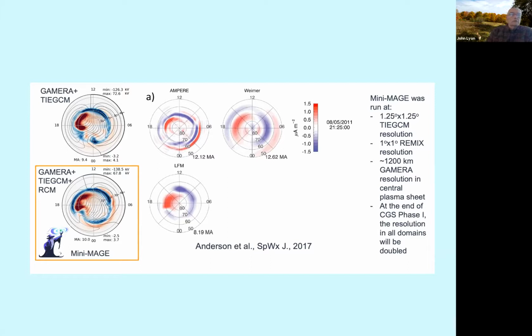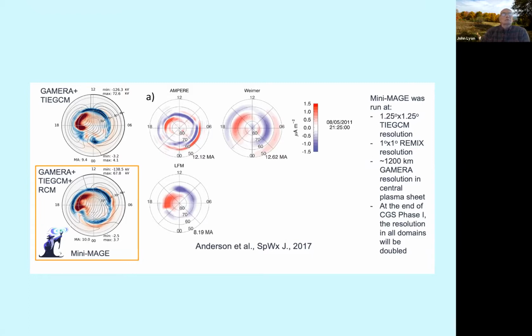This particular interval was studied by AMPERE, and you can see, next to the A, the AMPERE field-aligned currents. And it looks as though we're doing a reasonably good job with that, with the RCM in there. The Weimer model is, of course, spread out because it's an empirical averaged model.